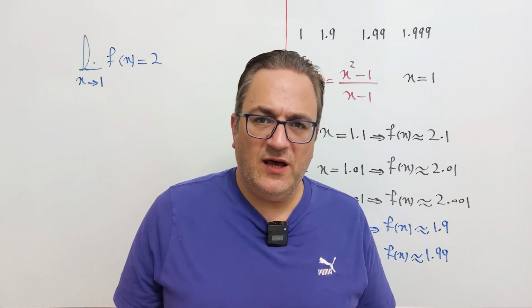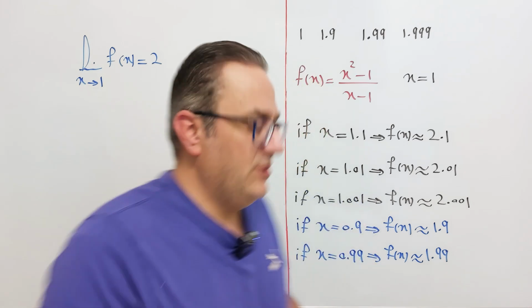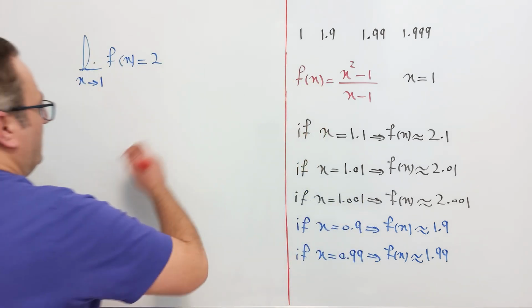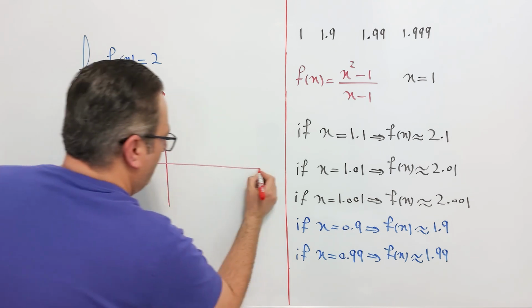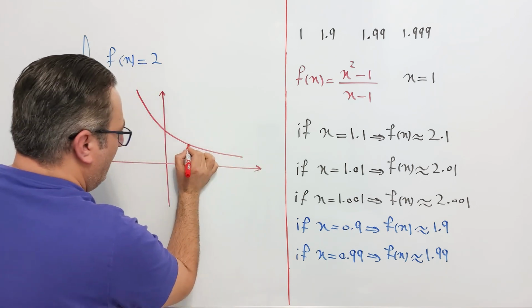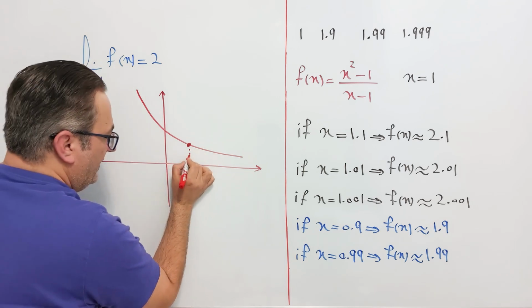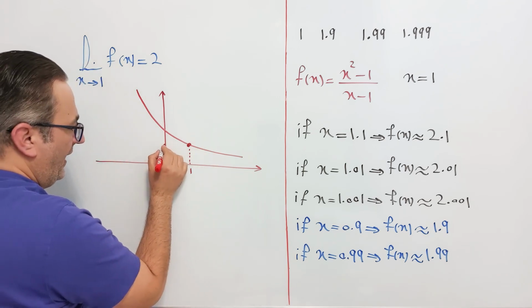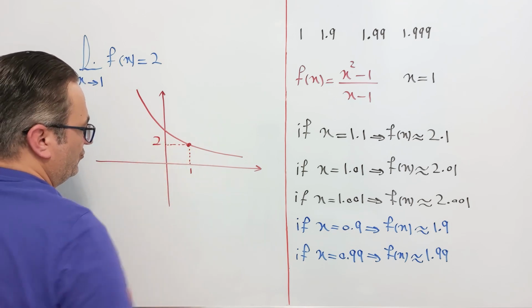Okay guys, we want to understand the idea of a limit at a specific point. So look at this graph carefully. For example, here is x = 1 and the y value is, for example, 2.